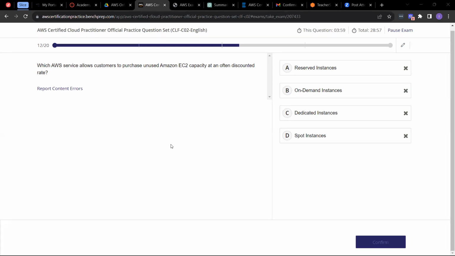Somebody also asked about S3 and DynamoDB for the VPC endpoint gateway. I think I explained that one as well. I got the question wrong myself.